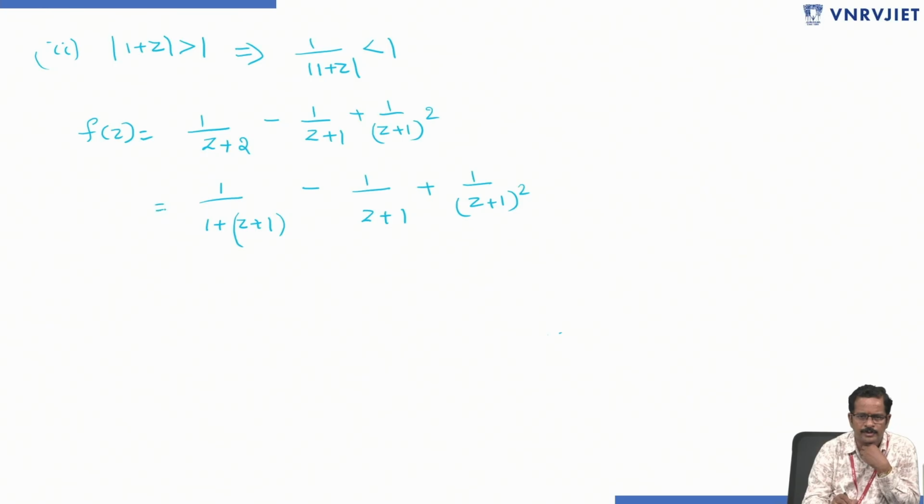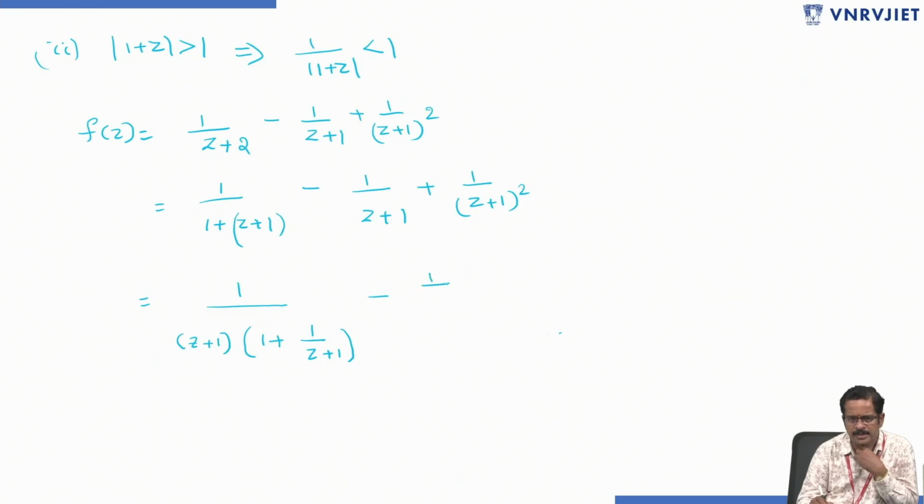So here I am taking 1 by z plus 1 as common. Then it becomes 1 plus 1 by z plus 1, minus 1 by z plus 1, plus 1 by z plus 1 whole square.